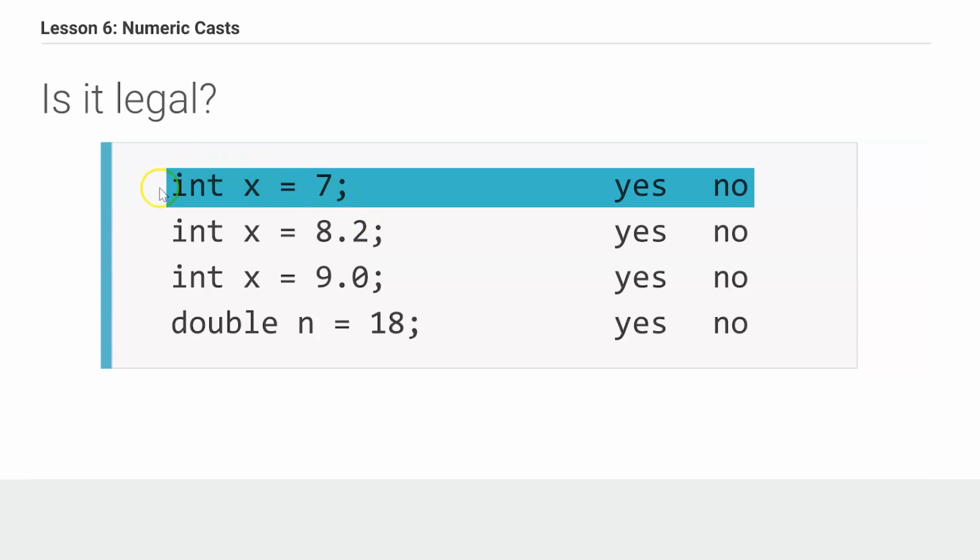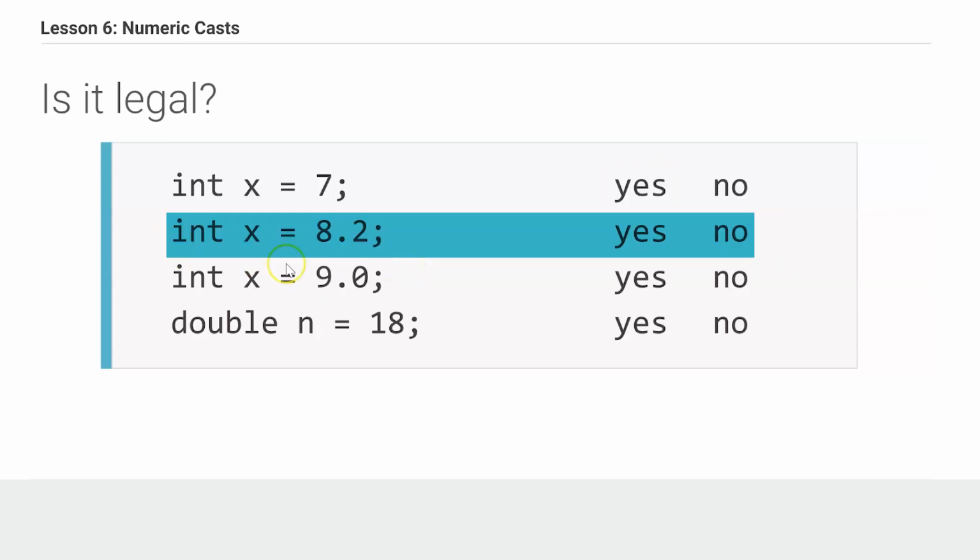So let's look at the first line. Int x equals 7. Standard declaration of an int. Yes, this is good. Second line here. Int x equals 8.2. In this case, we might think, all right, this is a double, but this is an int. Maybe we'll just round this down and store 8 into this integer.